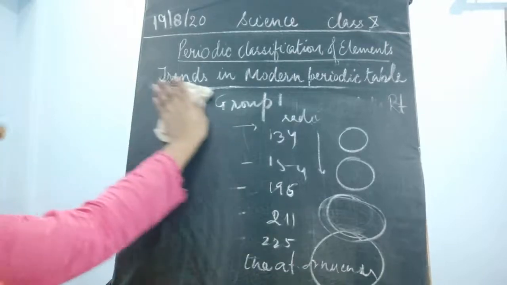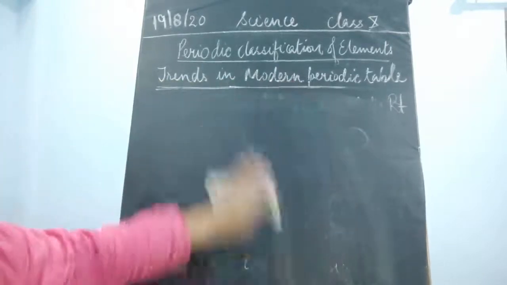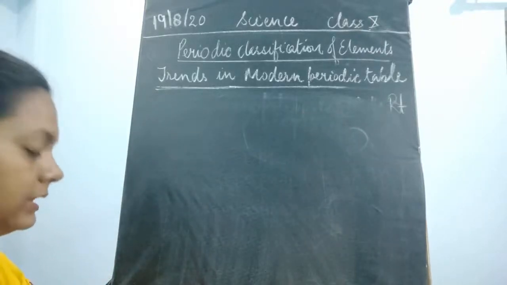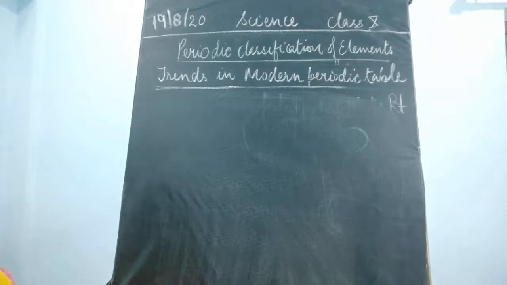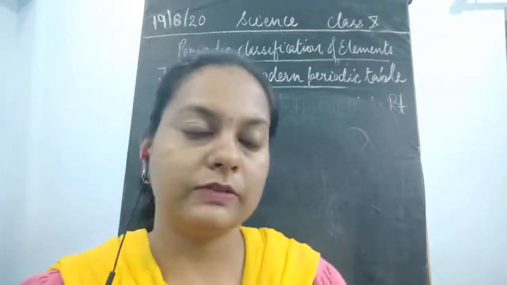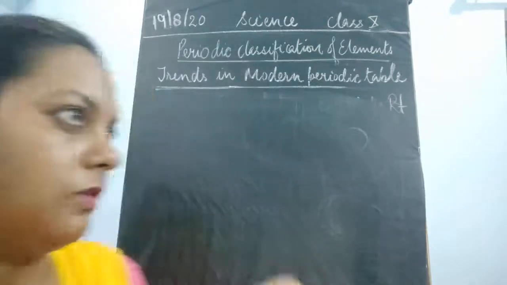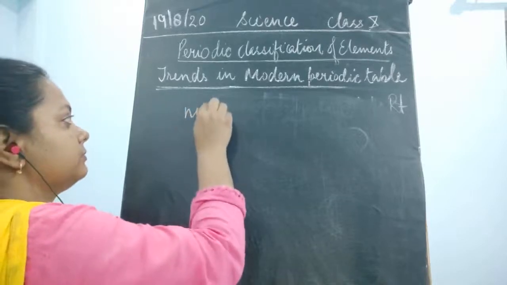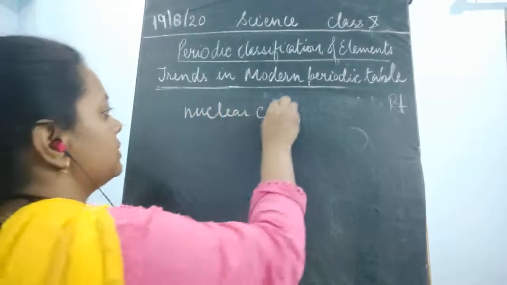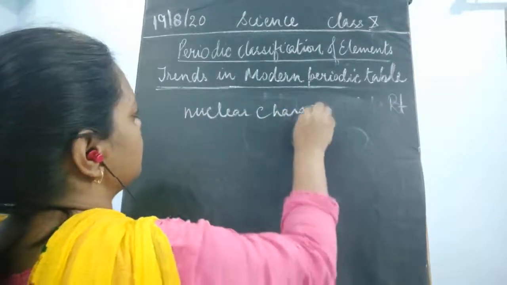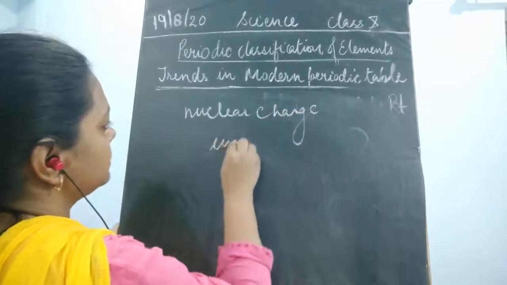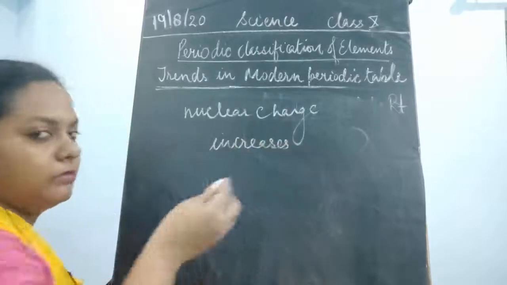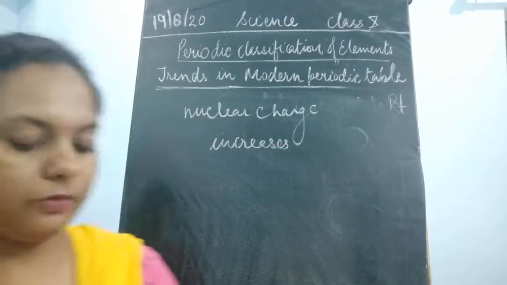We have seen why the trend is followed. This trend is followed just because of one force, that is the nuclear charge. So this nuclear charge increases when we are moving from left to right across a period, while size increases when moving down the group.